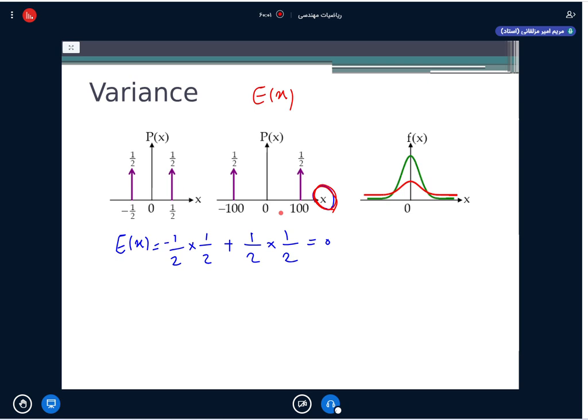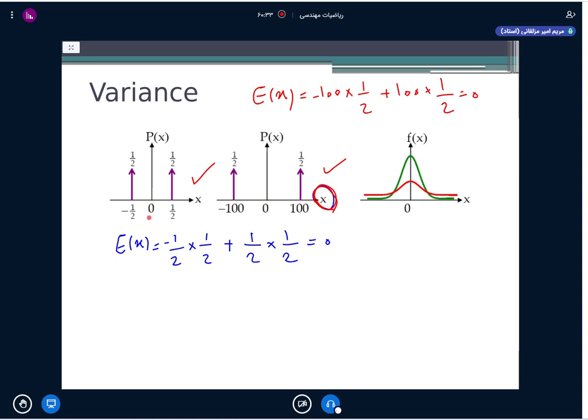Can you say? Yes, it's equal to 0, because to compute this, we should multiply negative 100 by 1/2. You can see that the expectation of this random variable and the previous random variable are the same, both 0.